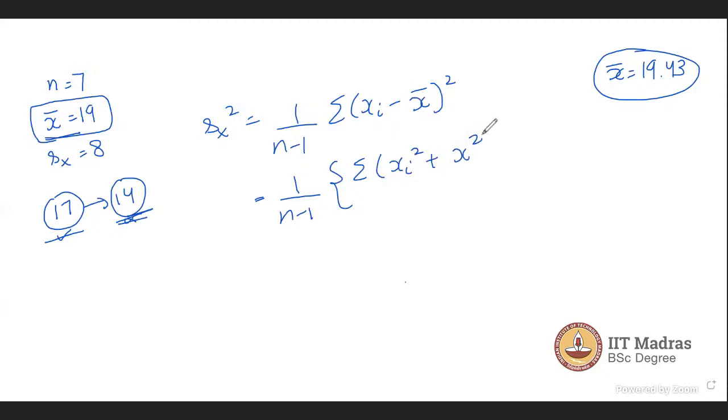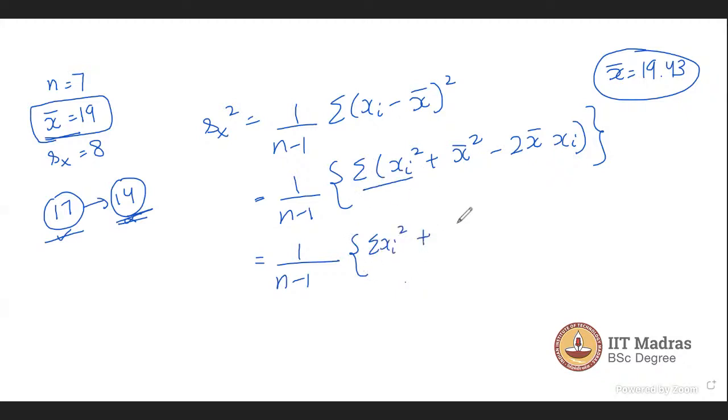Opening it by the whole square formula: xi square, minus twice x bar times xi. Taking individual summations: summation xi square, plus summation x bar square, minus summation twice x bar times xi.